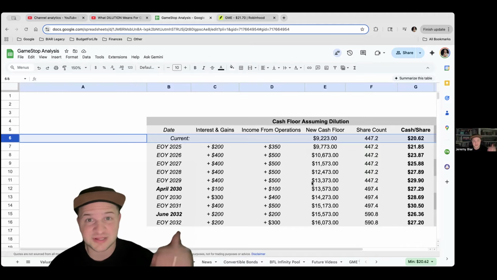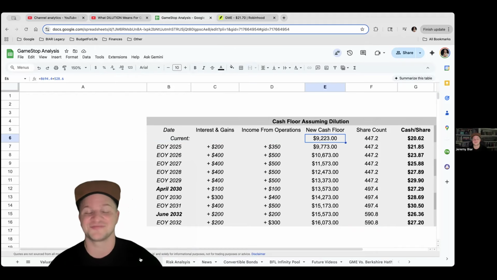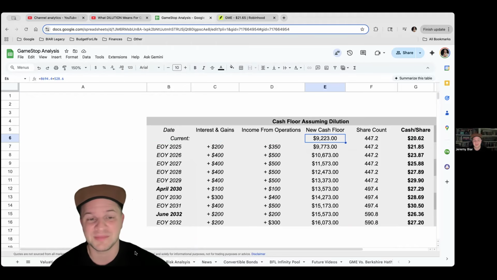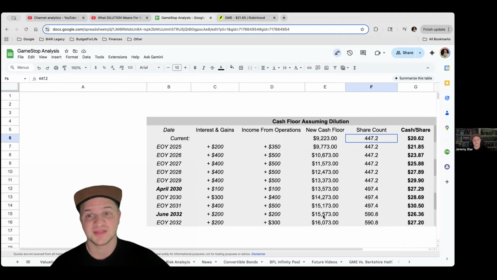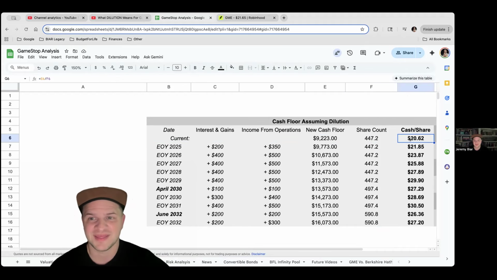Right now, as far as their most recent reported numbers, GameStop had 9.2 billion in cash and in Bitcoin. And right now, they have 447 million shares. So right now, they have $20.62 worth of cash represented in their company.